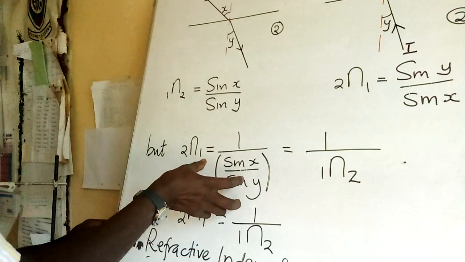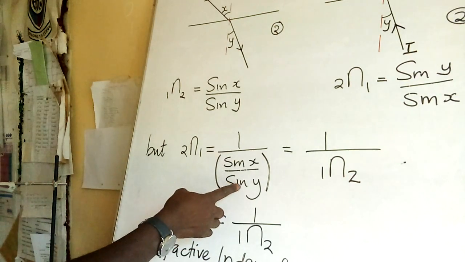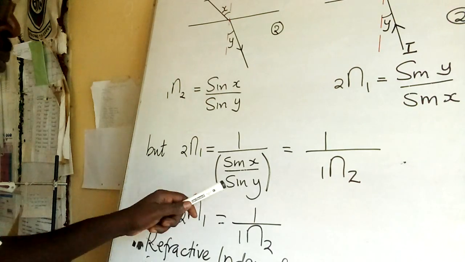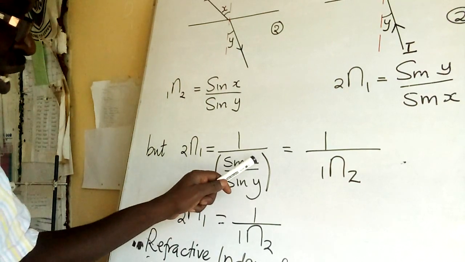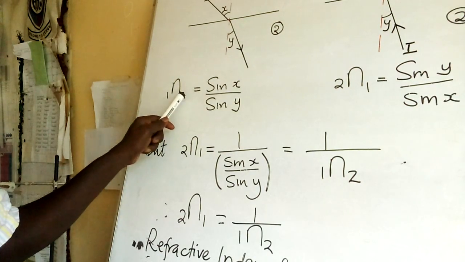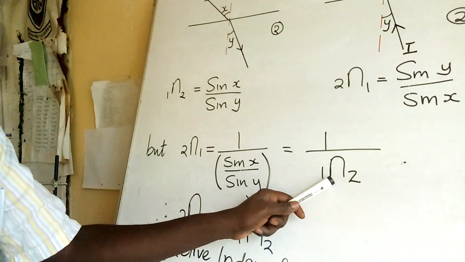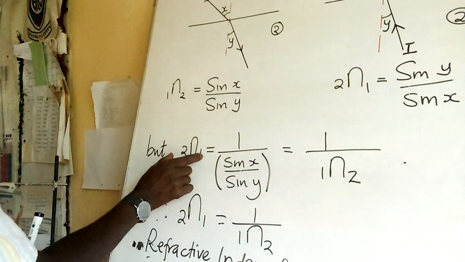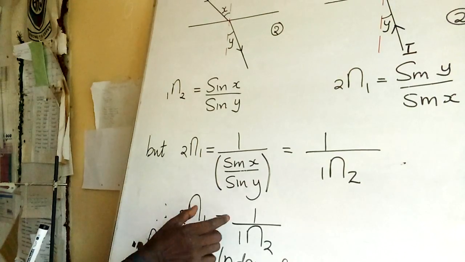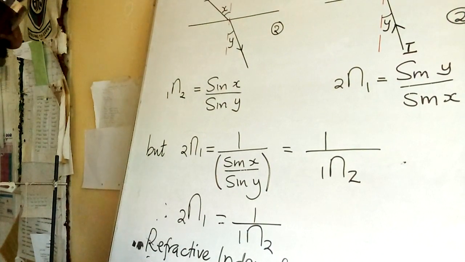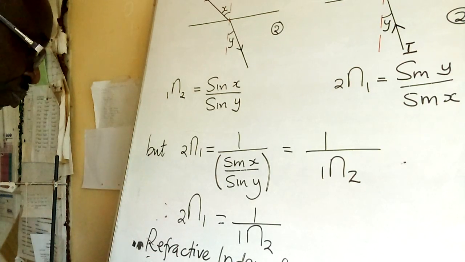If you multiply, you find that y goes up, x remains down. But this expression, sin x over sin y, is also known as 1n2. So a relationship now is built between this and that.